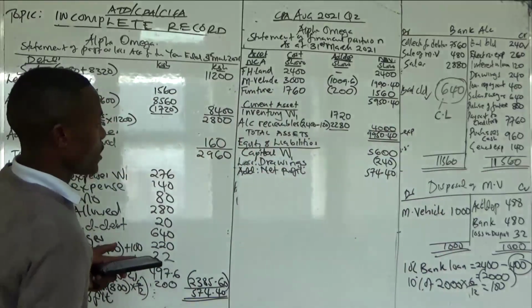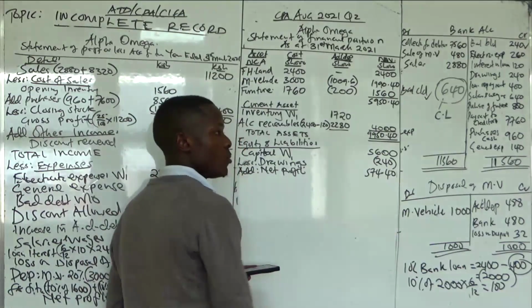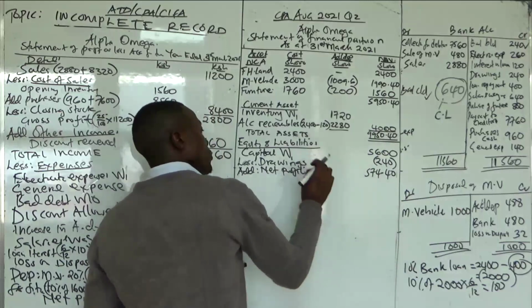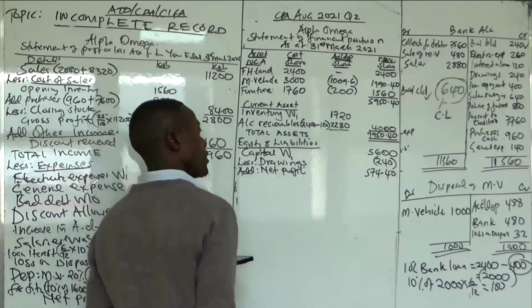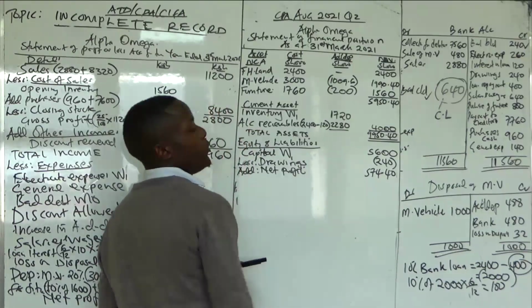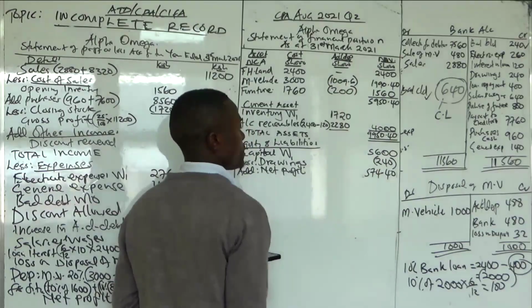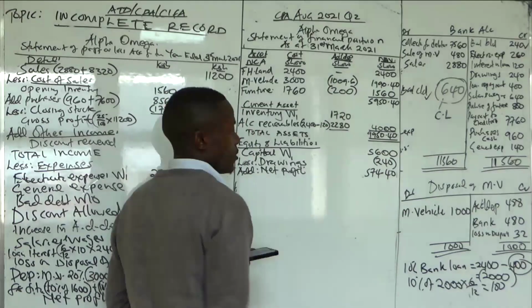I told you that this minus this plus this is the closing capital. When you don't have the net profit, you don't have the capital. Capital can also be gotten from closing capital: you minus the net profit, add back the drawings, then you get the opening capital.